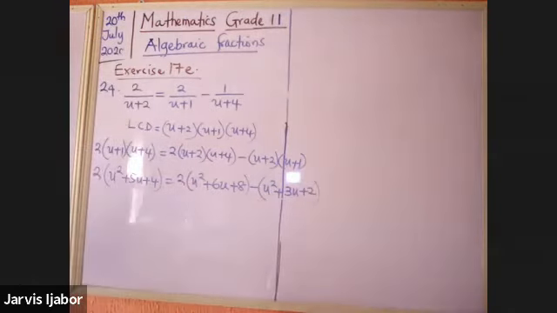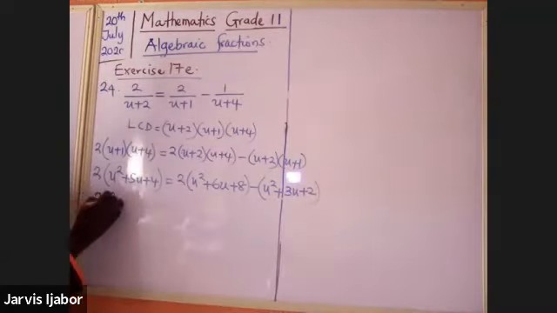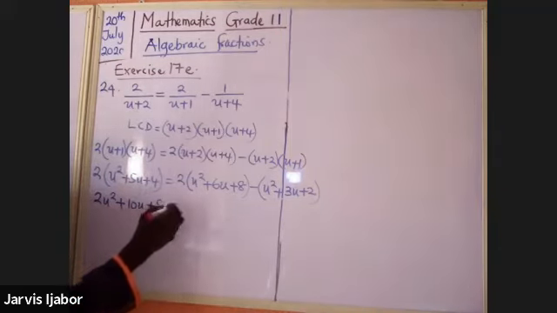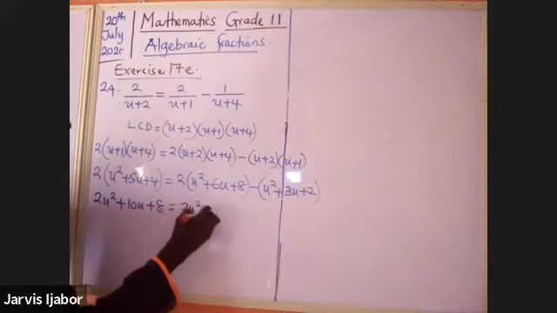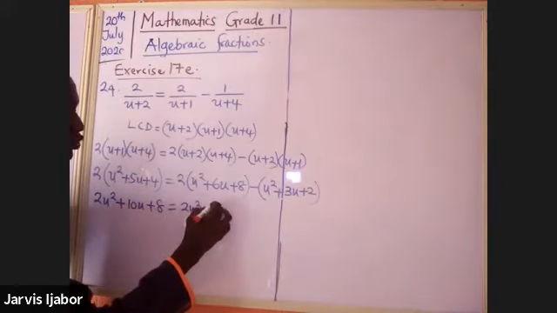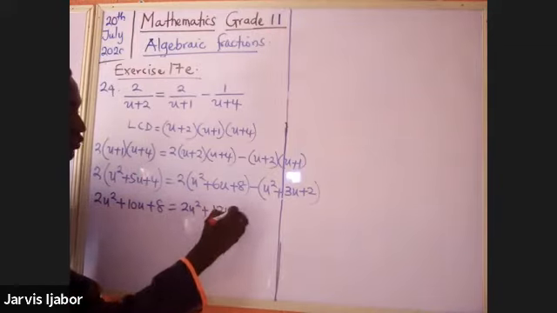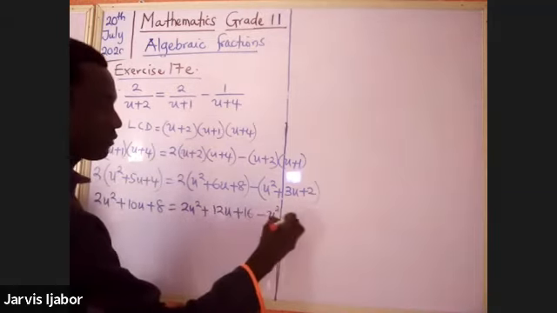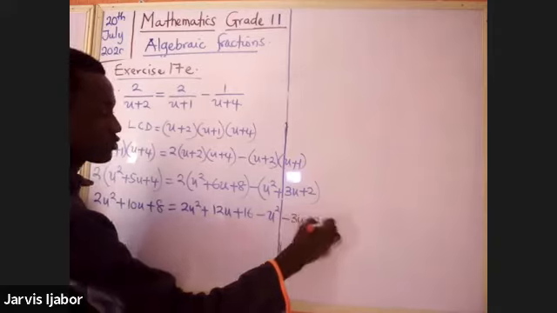Right, so that's what you have. Now the next thing you want to do is to open up the bracket. That will be 2u squared plus 10u plus 8 equal to 2u squared plus 12u plus 16 minus u squared minus 3u minus 2.